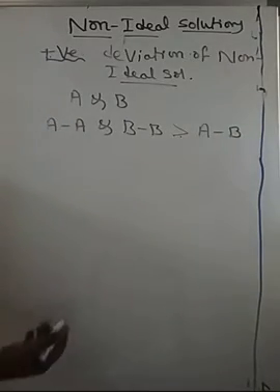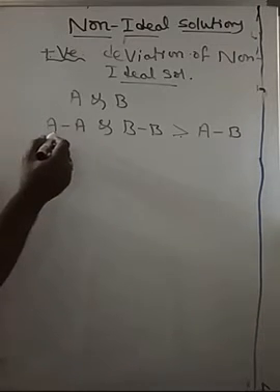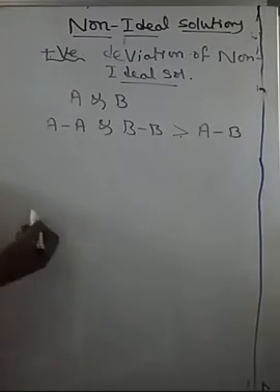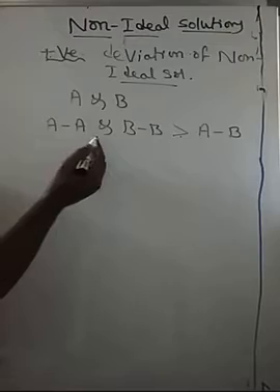That means before intermixing the force of attraction is stronger than after mixing. That's why it shows the positive deviation, because of the stronger interaction before intermixing.